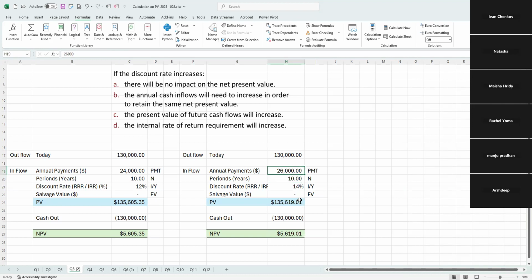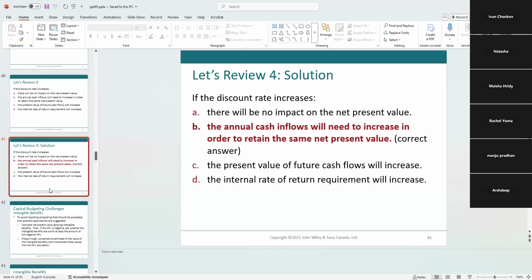We are on 26. So basically what I have to do is increase the annual cash flow in order to retain the same net present value. Make sense? Okay. So that will be the correct answer here.